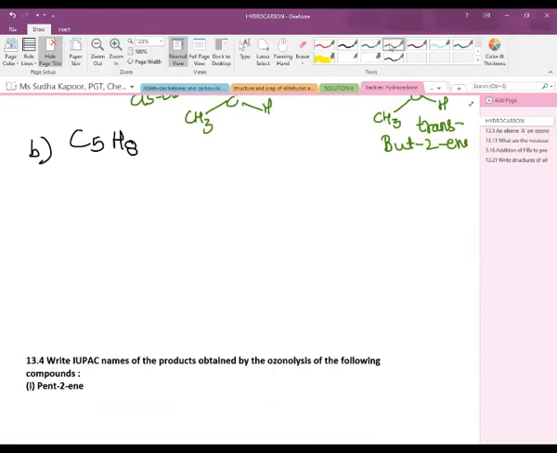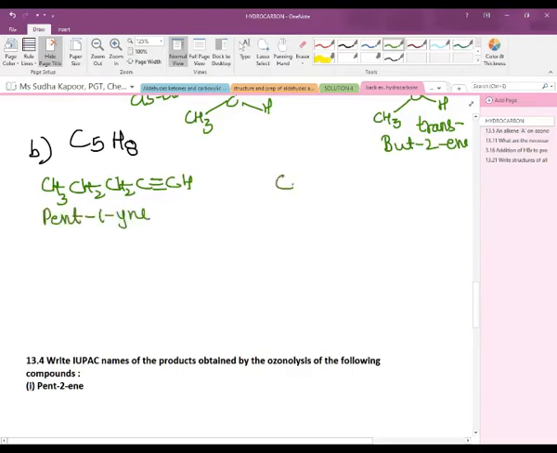In case of C5H8, it is a triply bonded. So let us start with the first case, 1, 2, 3, 4, and 5, and the triple bond on the first one. Completing the number of the hydrogen, we know that it is mandatory to be shown here. It becomes pent-1-yne. Then triple bond on the center position, that is the other one. Triple bond is kept here.